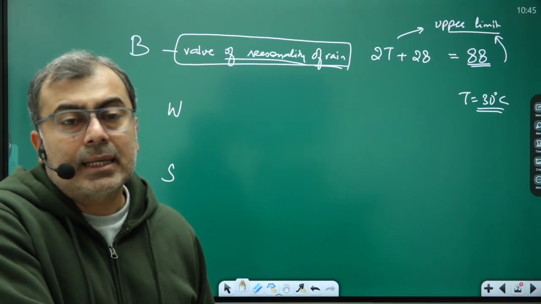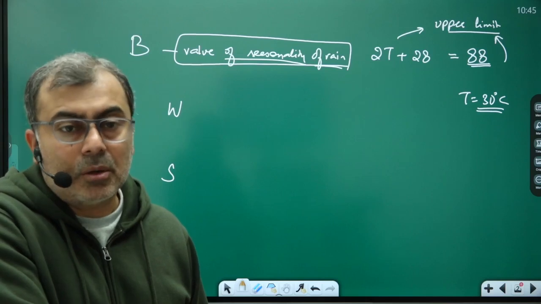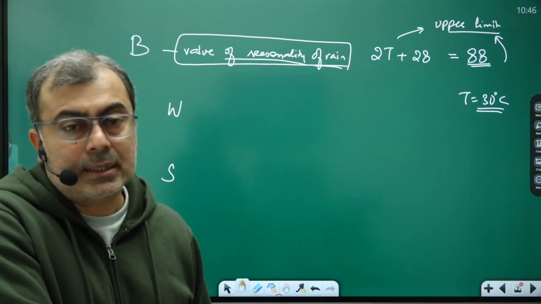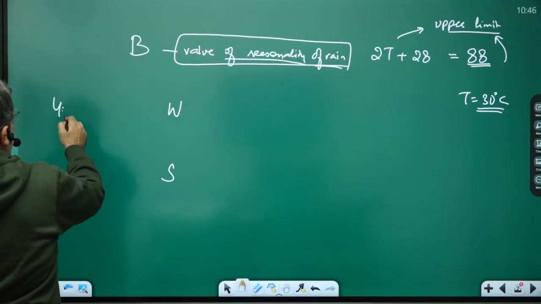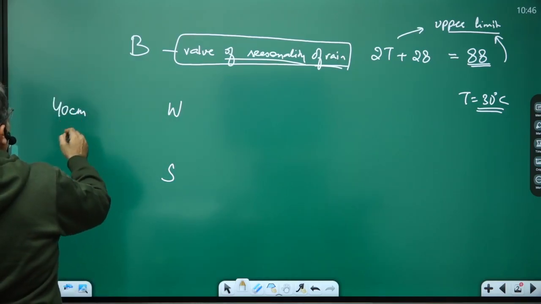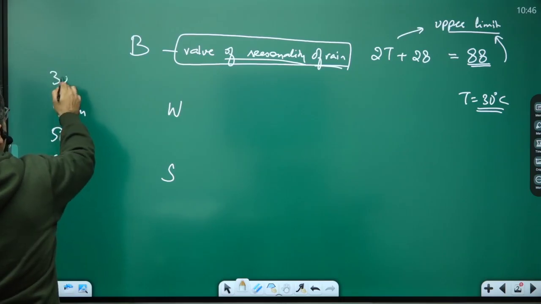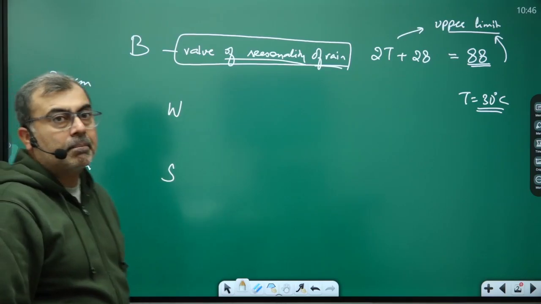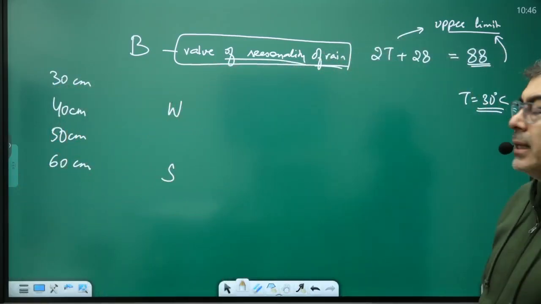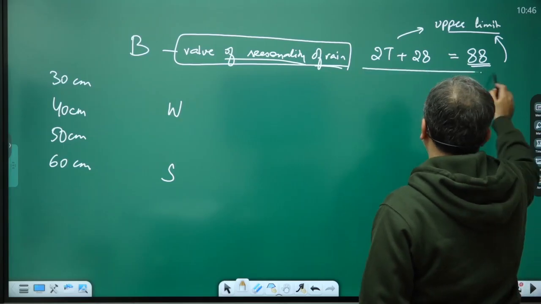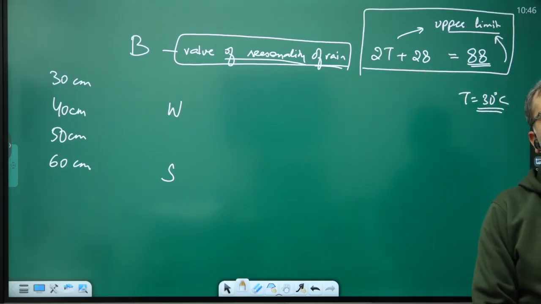Now the rainfall that happened in your area is, say for example, 40 centimeters, 50 centimeters, 60 centimeters, 30 centimeters. So 2T plus 28 gives us the maximum or upper limit of this. Is everyone okay? Now I have to classify it into W and S.